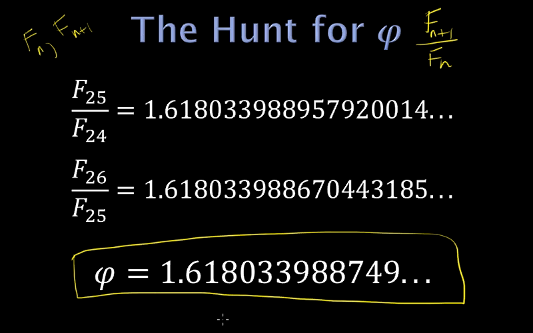But we can't go forever, and we don't know for sure if this decimal might repeat and become a rational number or whether it's irrational. You really can't tell for sure by just looking at these ratios. So in this video, we're going to look at a different approach to looking at these ratios.